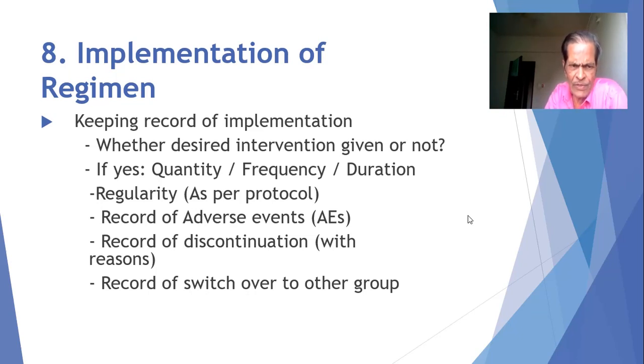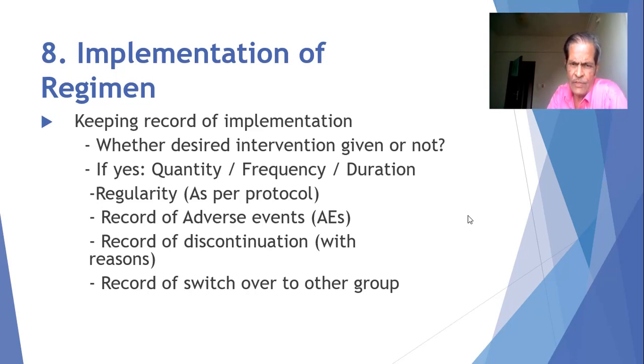If the person discontinues the treatment, that record must also be there in the implementation records. And if the person has discontinued, why it was discontinued, whether because of any major or minor side effect, or because the patient was not inclined to continue in the clinical trial. The patient can withdraw from the study at any time as per his wish.